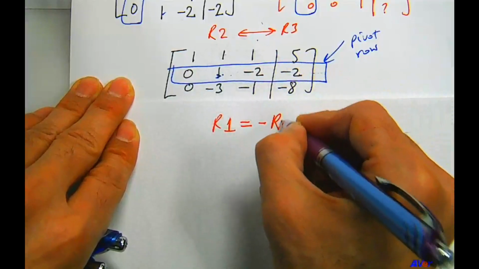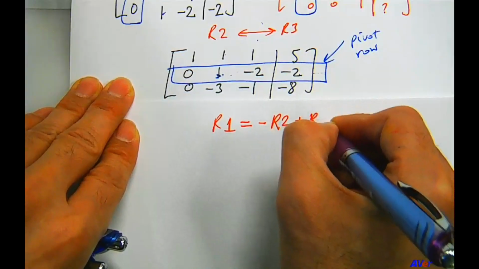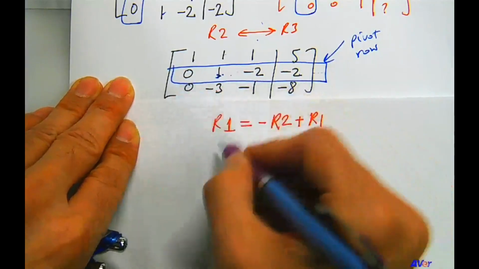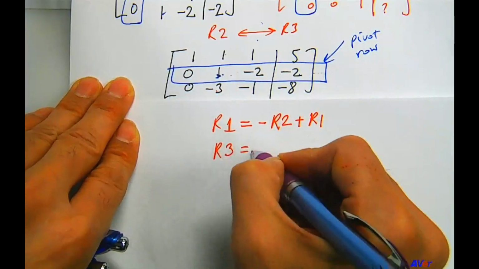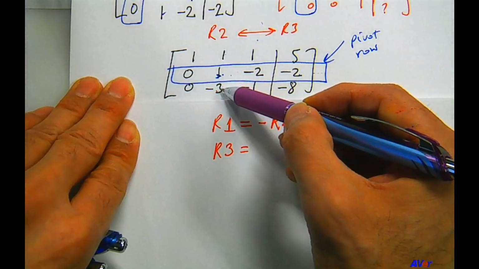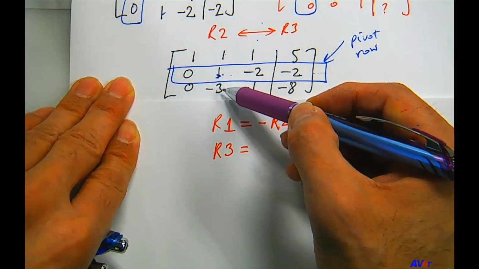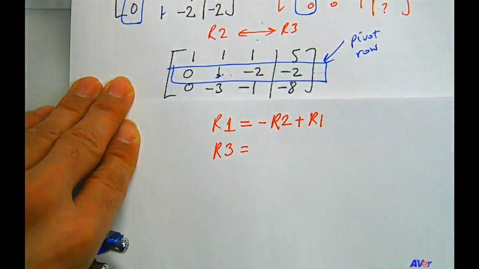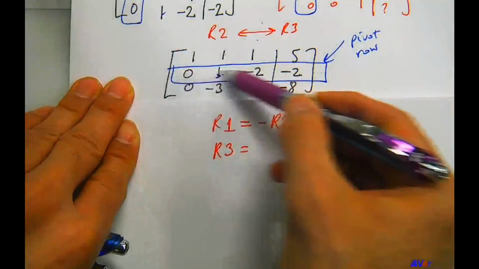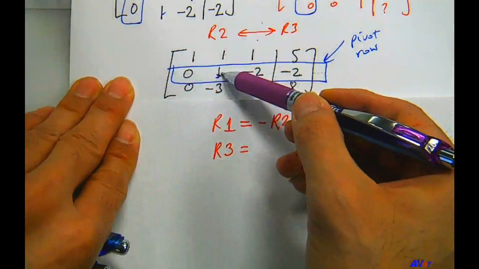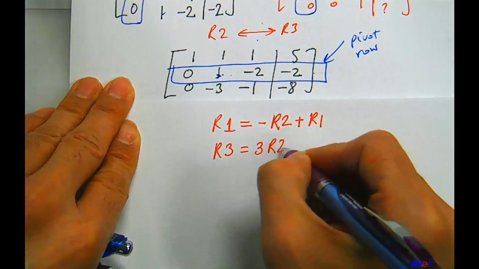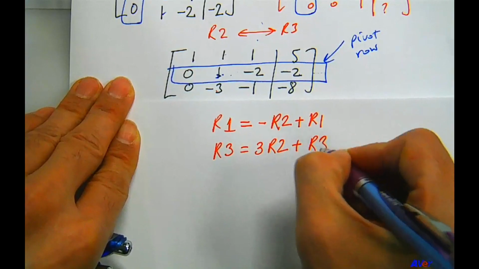So minus row 2 plus row 1. For this -3, that's in row 3, right? So we're going to have to change row 3 equals. All we need is a +3 to be added to this -3 so that we can get a 0. But where can we get the +3? Easily, by multiplying the pivot row by 3 and adding it to row 3. So 3 times row 2, which is the pivot row, plus row 3.